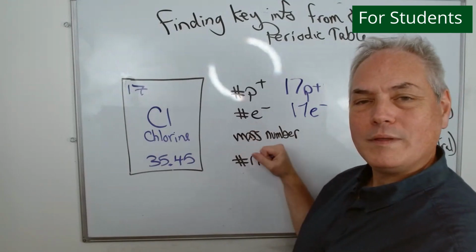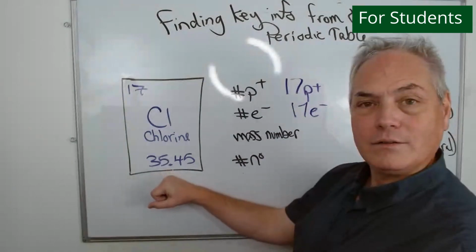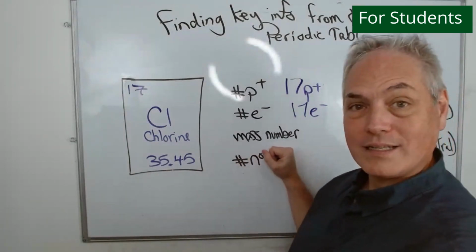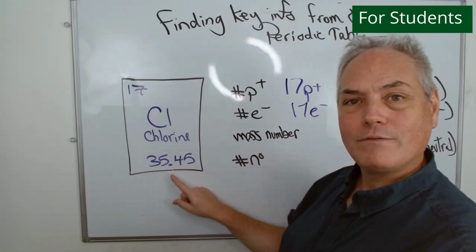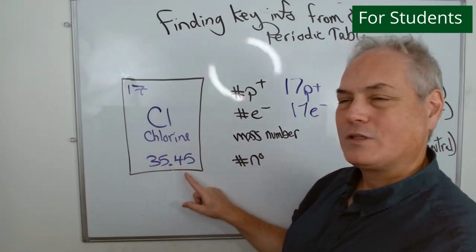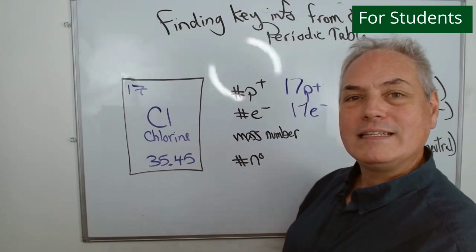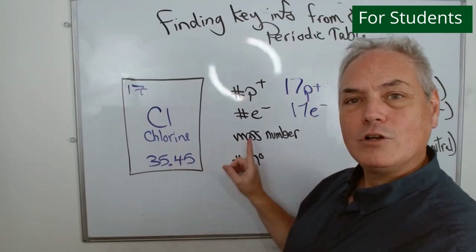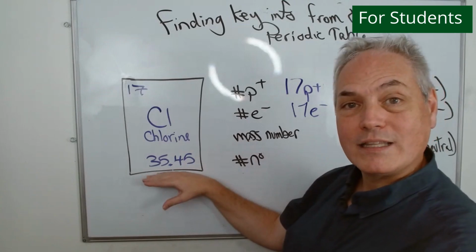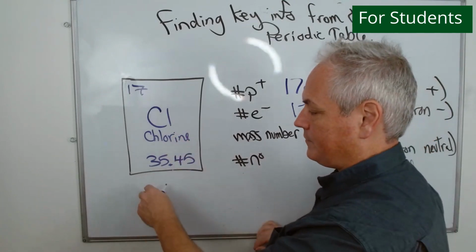Now, the next one will be, how can we find how many neutrons there are? To find the mass number, we have to look at the atomic mass. Here we have 35.45, so it's very close to 35.5. Here we're going to see how some people may look at it differently. If we round this number, it will be 35.